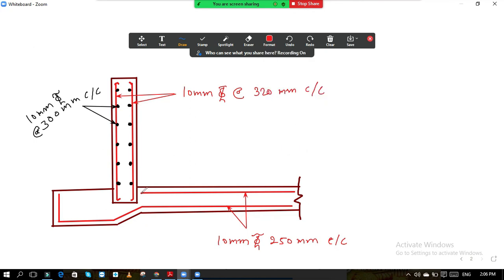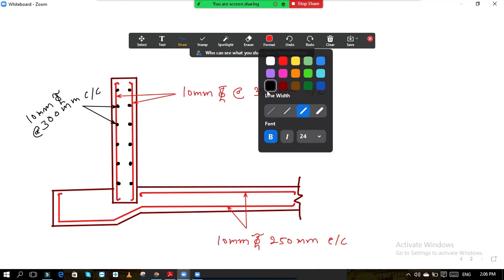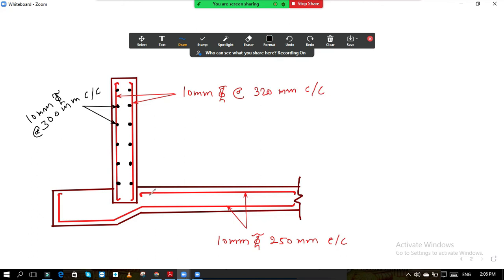Here now this bar is anchored like this. Okay, this bar is anchored like this, and also the distribution steel is provided. Here also the same distribution steel is provided. This is the distribution steel.